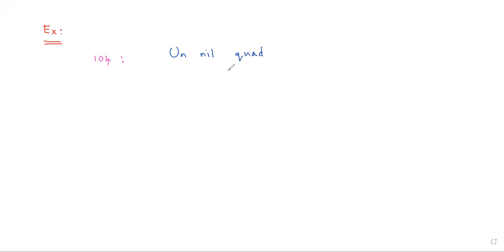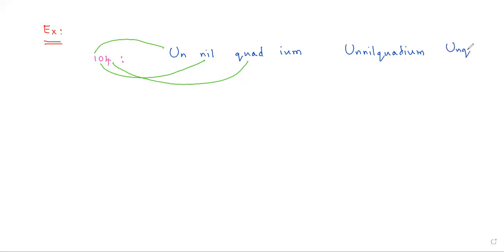Going for 4, quad, right? 1 is un, 0 is nil, and 4 is quad. Finally, you just write ium. So it can simply be written as unnilquadium. And the 3-lettered symbol can be given as this. The first one must be a capital one. The remaining 2 must be the small one. Unq, isn't it?